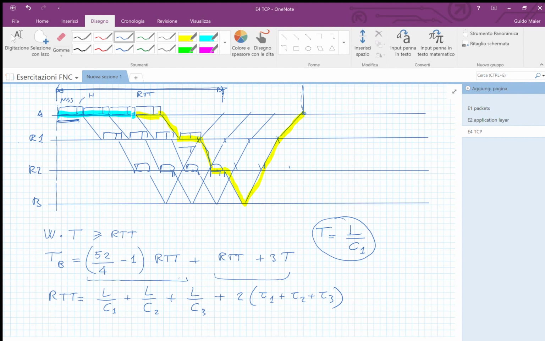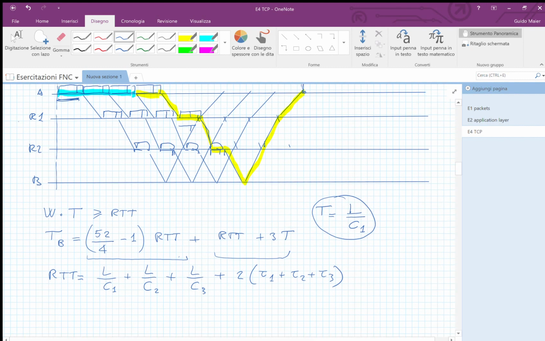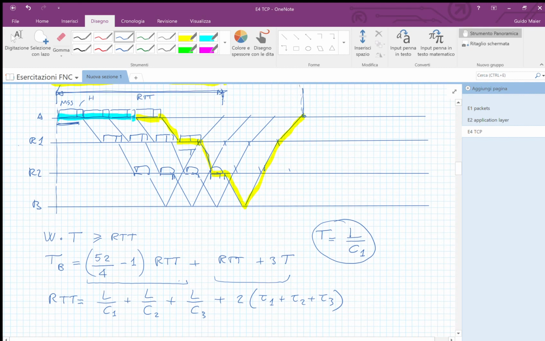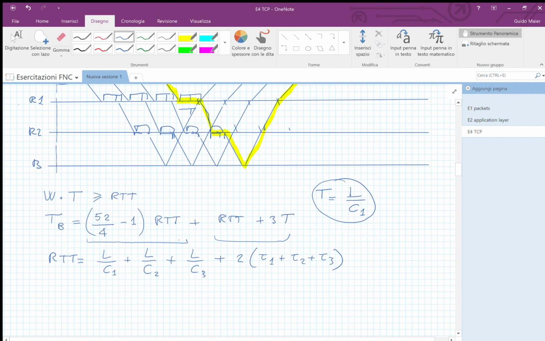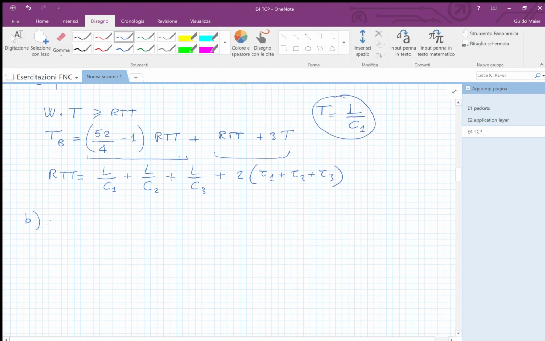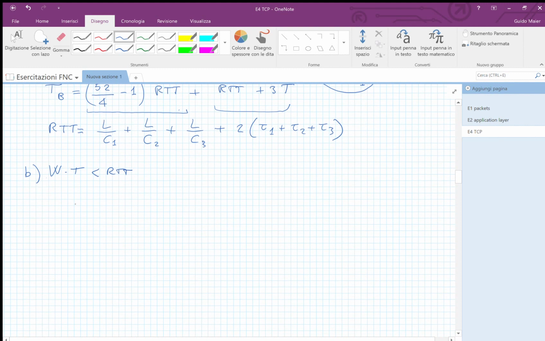Now we should look at the other case, let's call this case 1, case A. Now we have that the round trip time is less than W by T. So what happens in this case? I make a fast picture, not very precise.